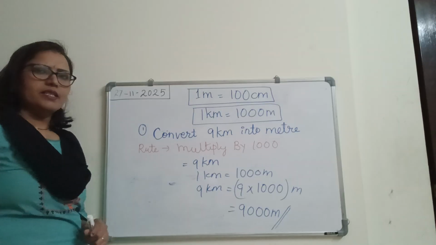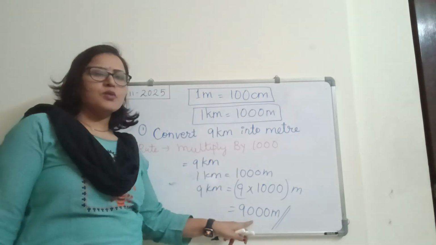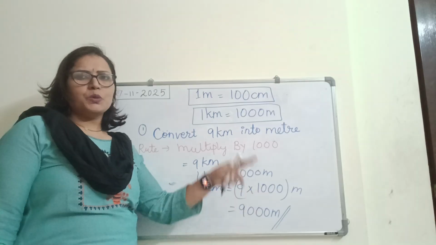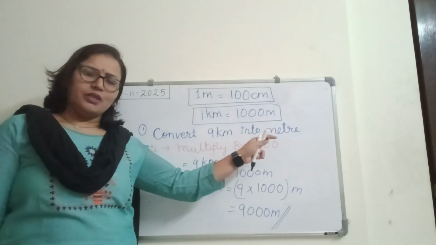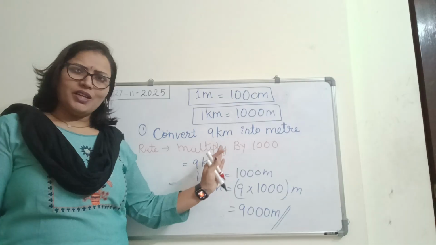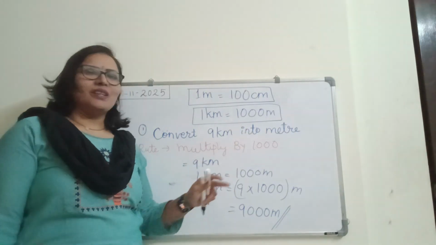So you got the answer. 9 kilometer is converted into 9000 meter. This way you can convert kilometer into meter.